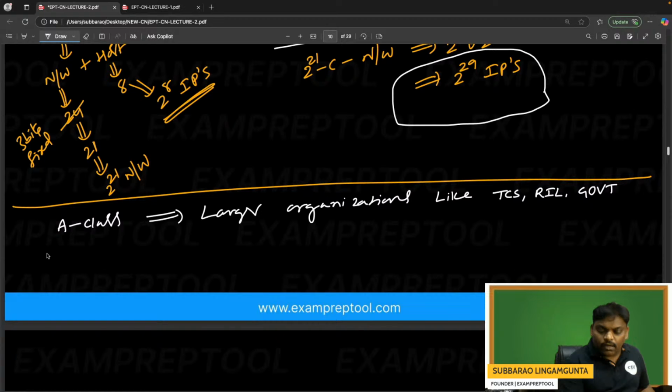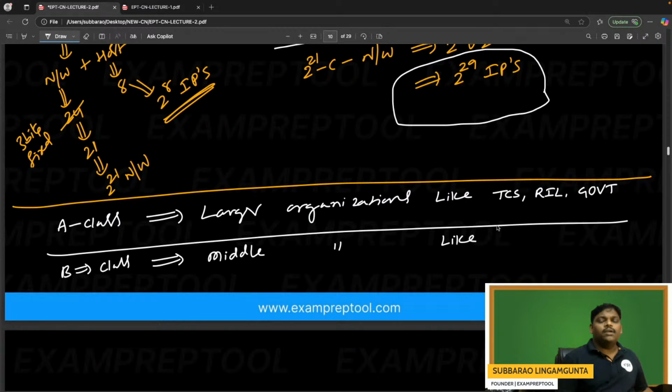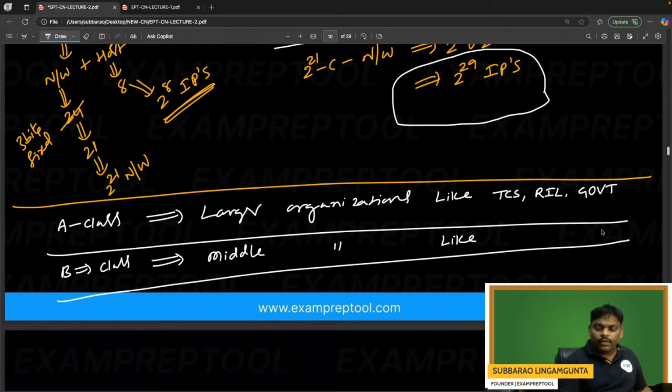Next one, class B. Maybe you can say medium organizations or middle organizations. Can you say some middle organizations?